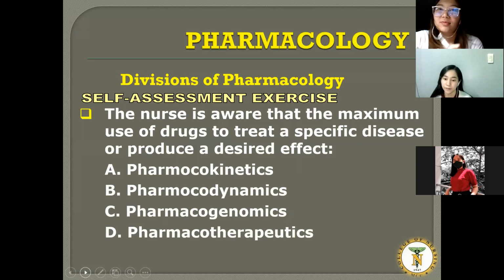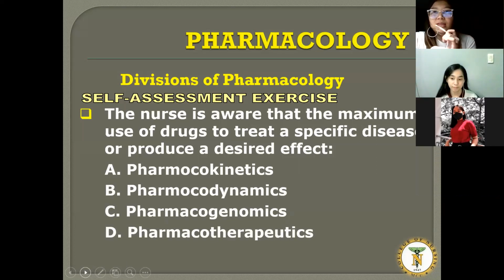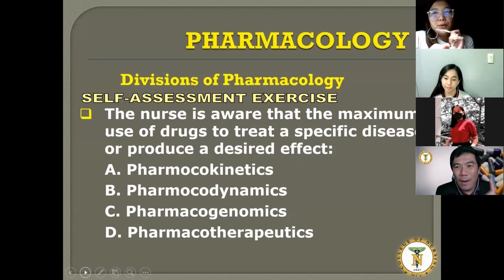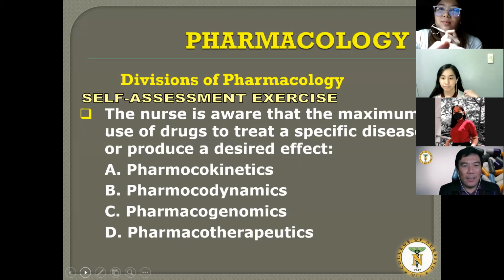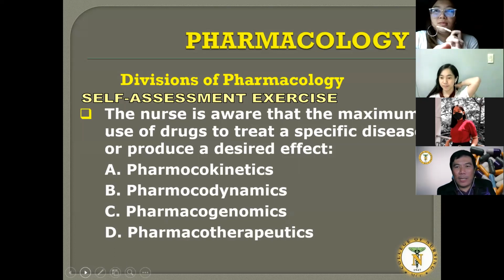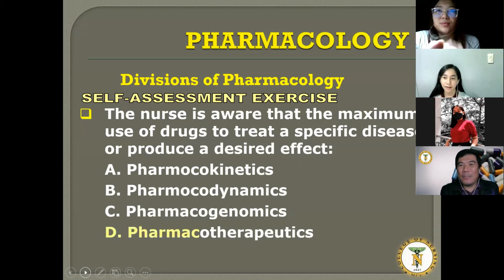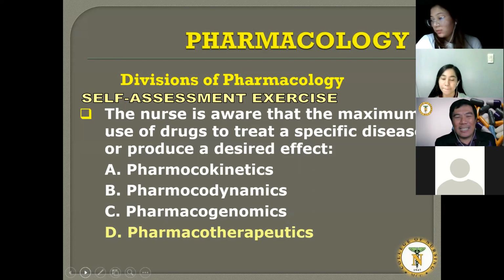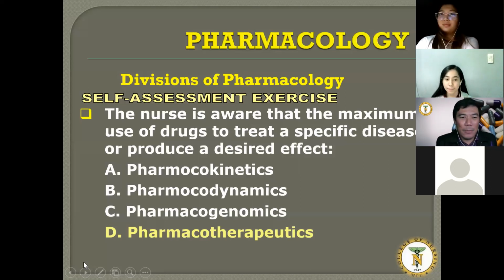Ms. Tanghal is the first one who raised her hand. Answer. Pharmacotherapeutics. What guided you to that answer? Maximum, po. Maximum. So let's see, the answer is pharmacotherapeutics. Again, pharmacokinetics is movement, pharmacodynamics is mechanism, pharmacogenetics is makeup of genes.